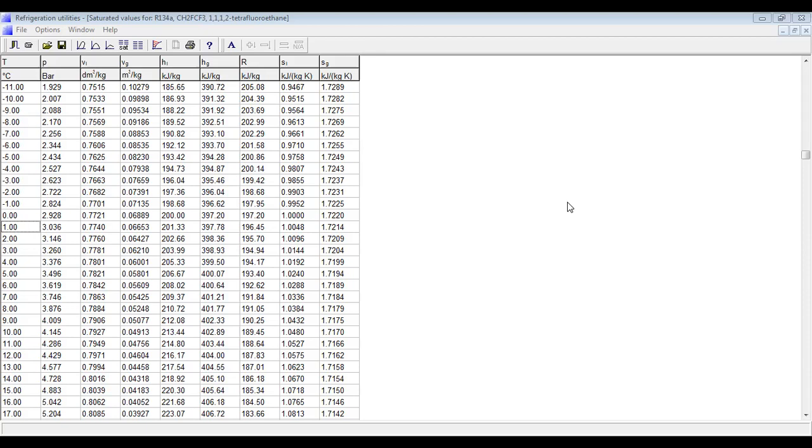So minus 10 is normally not considered a low temperature, but a medium temperature application. This can be used for chilling.